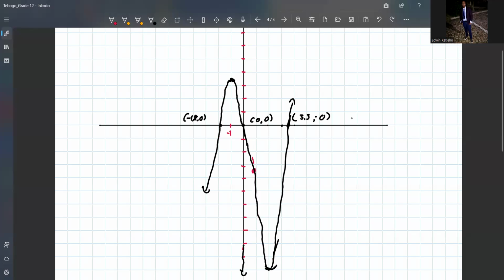So what do I mean by that? On the video, I said to you here, if this is our point of inflection, so this graph here, it is going to be concave up here. So it will go down and then it concaves up.